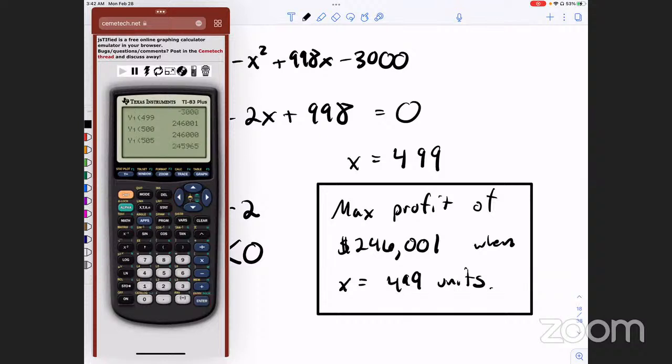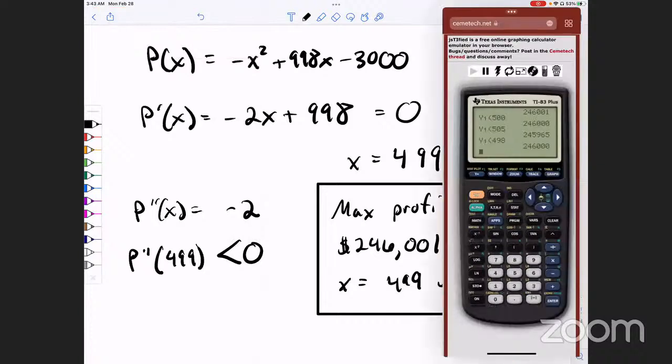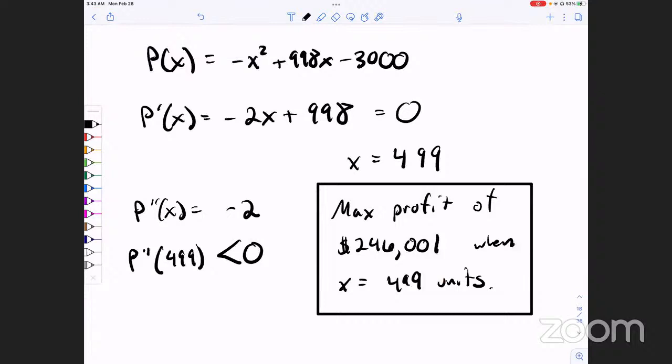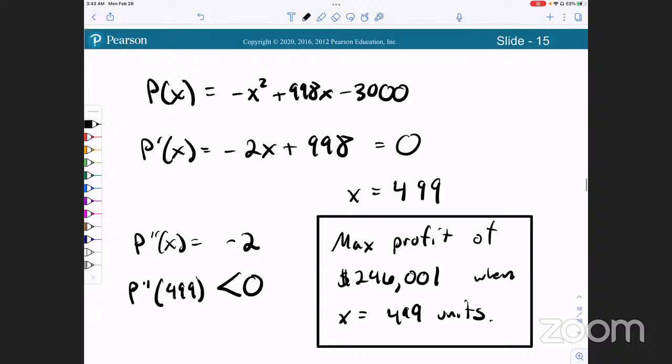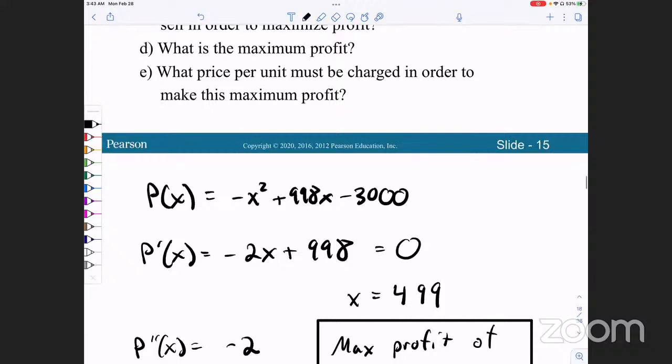And then say we produce less than 499, like 498. Anything other than 499 produces less profit. So we're able to maximize the profit when we produce and sell 499 units, and the max profit will be $246,001.